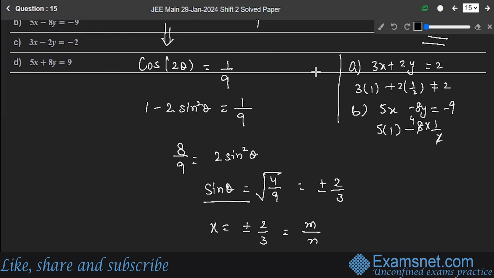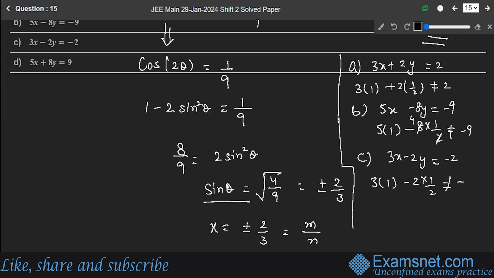So no, this is not equal to minus 9. Leave it. You have the third one, C option: 3x minus 2y is equal to minus 2. 3 into 1 minus 2 into 1 by 2 is not equal to minus 2. It's equal to positive 2.